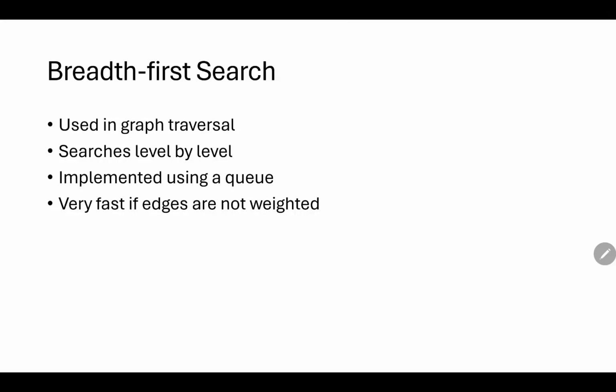Today we're gonna be discussing breadth-first search. Just like depth-first search, breadth-first search is a graph traversal algorithm as well. The difference is it searches level by level, and it's pretty fast. So with breadth-first search, you can find the shortest path really quickly.